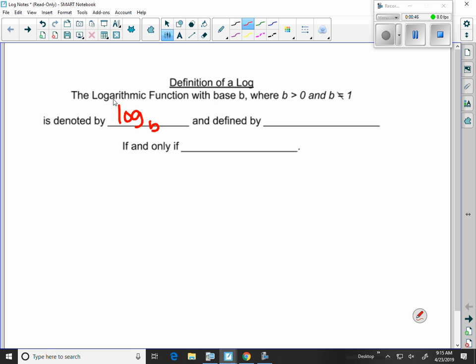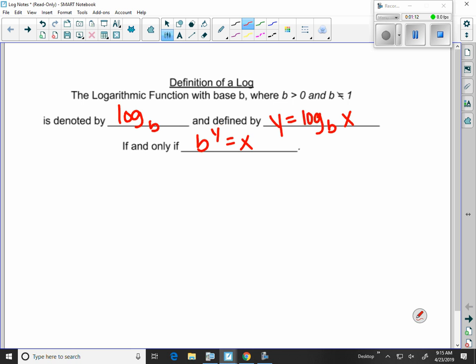And we define it by the equation y equals log base b of x. So that's what a whole logarithmic function would look like. And then if we want to take that and write it as an exponential, it's b to the y equals x.